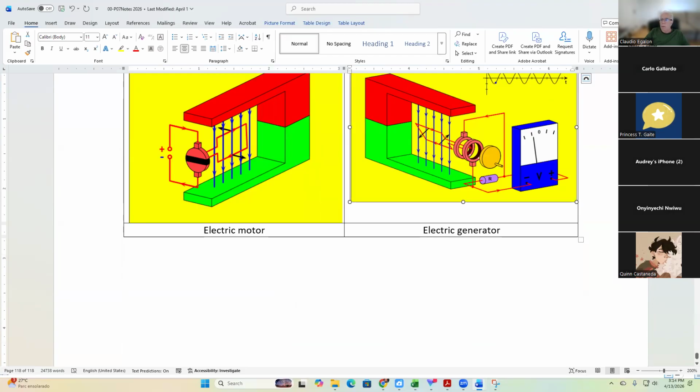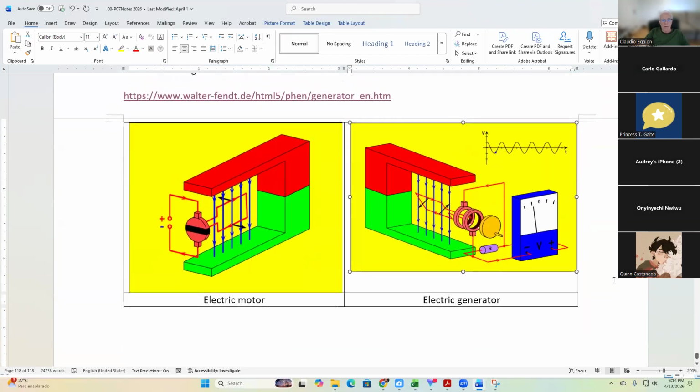Okay, so let's take a look. Electric generator. So here we have the loop, right? Here we have a loop too. We have a bar magnet with a magnetic field, bar magnet with a magnetic field. What's the only difference here?